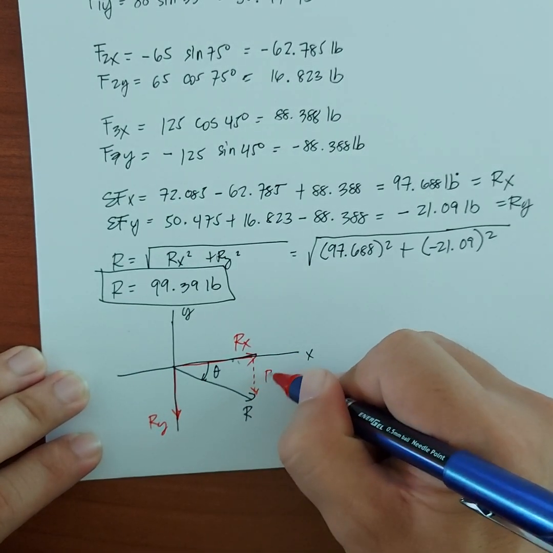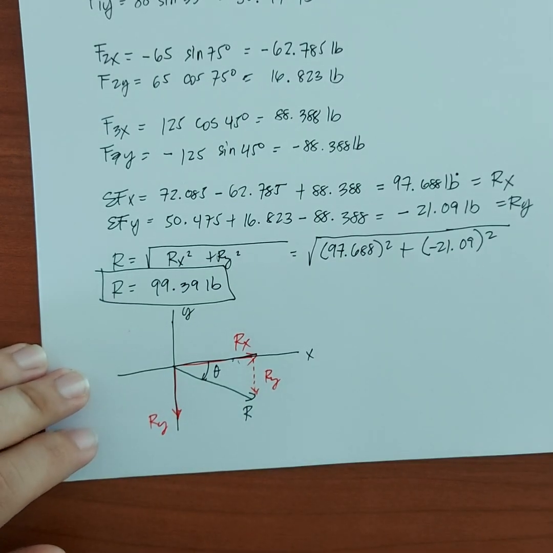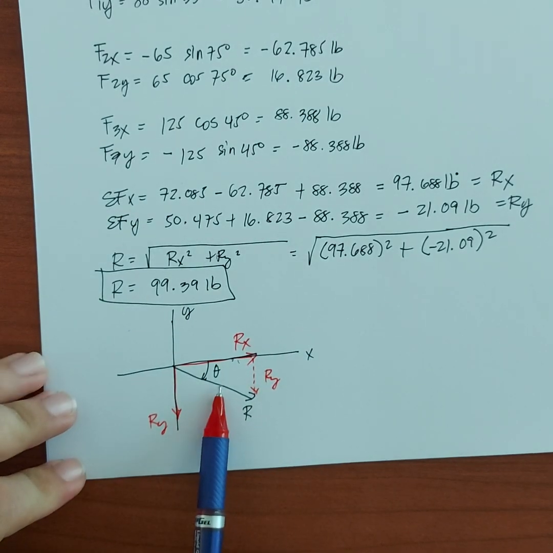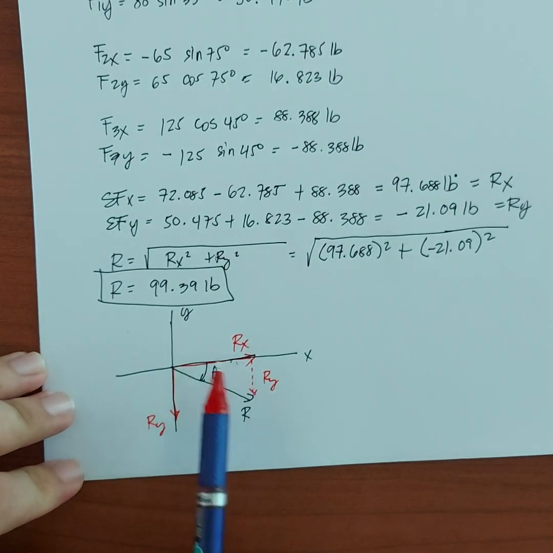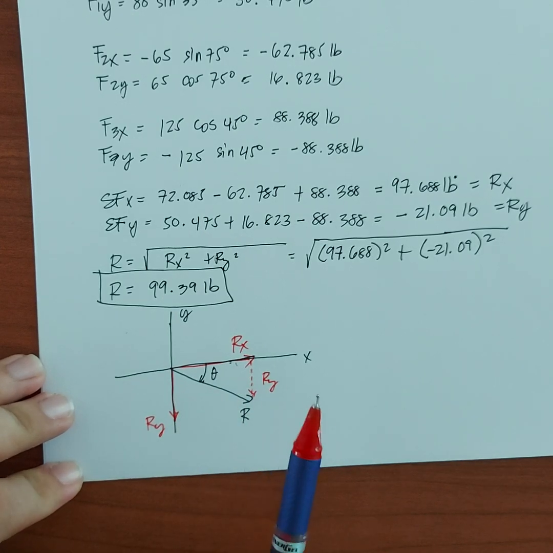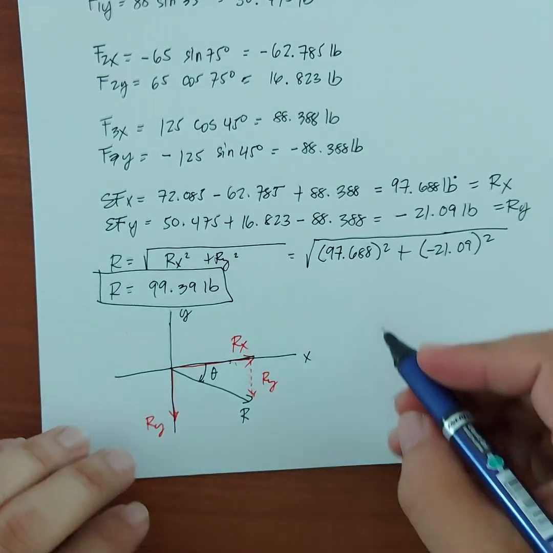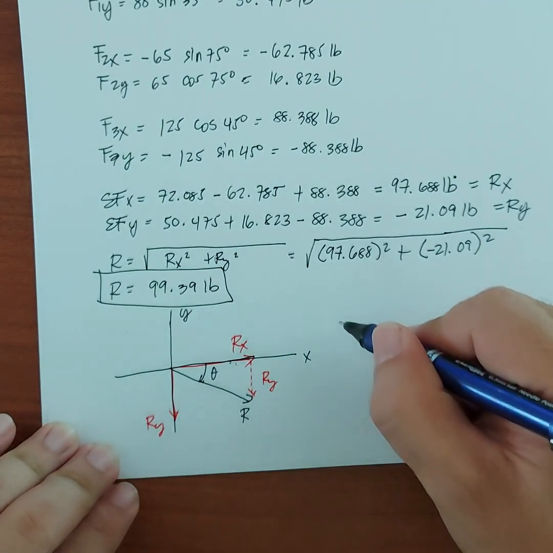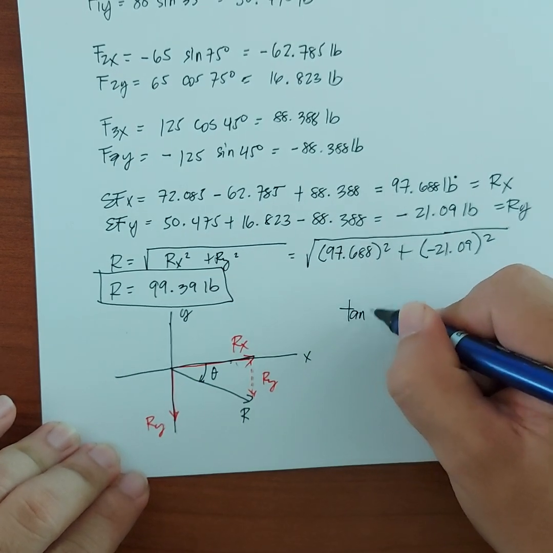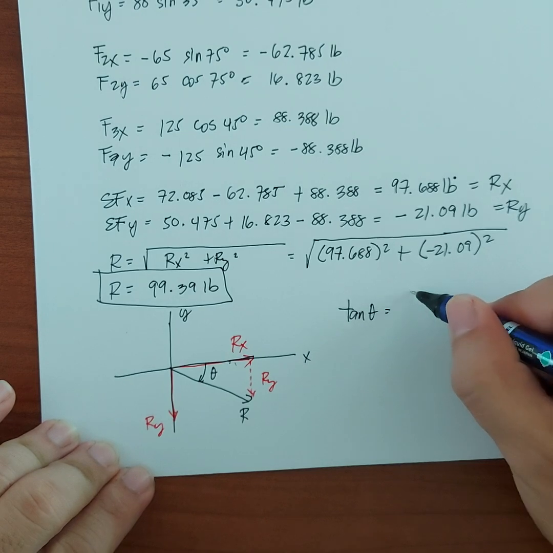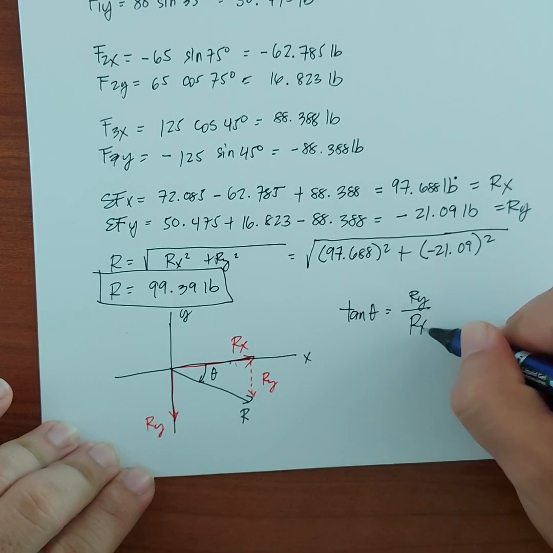So this is theta. Arctangent of opposite over adjacent, Ry over Rx. So tangent theta is equal to opposite over adjacent, so Ry over Rx.